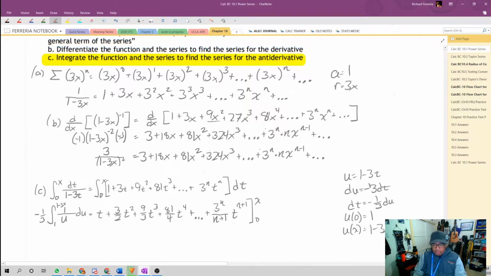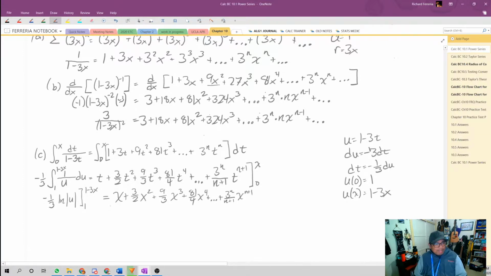So that left side is the right side finished. Let's integrate the left side. On the left side, I get negative 1/3 of the natural log u, and that's going to go from 1 to 1 minus 3x. And on the right side, I'm going to substitute x, and notice that each term here has a t in it. So when I substitute 0, I'm going to get a 0 in return. So I'm not going to bother with the second part of this substitution.